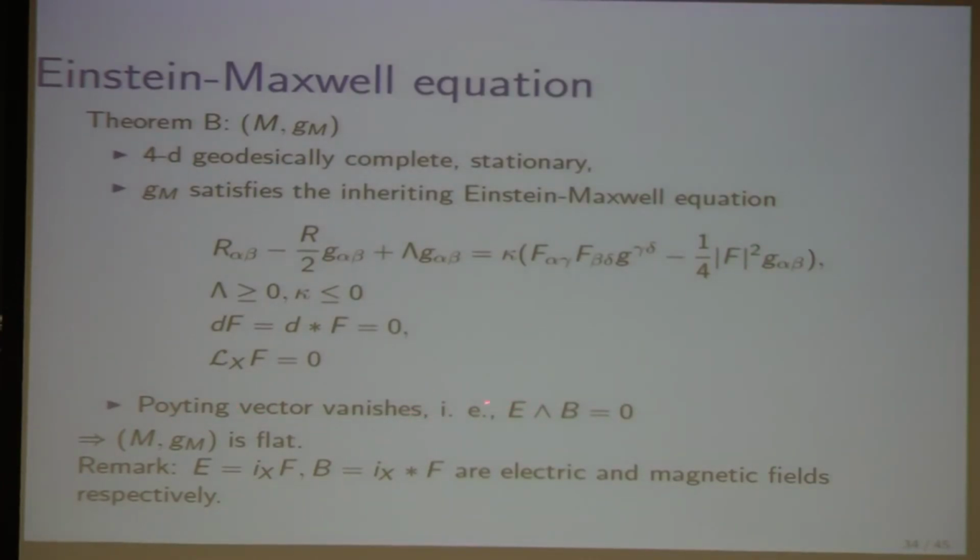The Poynting vector is just the wedge of the electric field and the magnetic field. These two guys are one forms, actually. So E wedge B is just the Poynting vector in physics. I assume this Poynting vector vanishes, then the space-time is still flat.